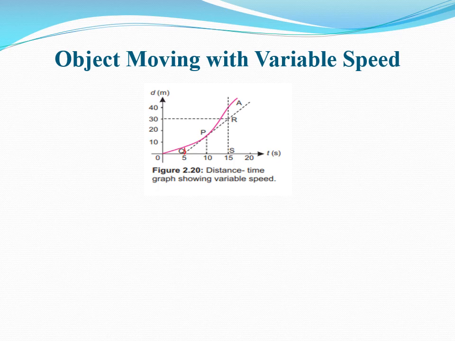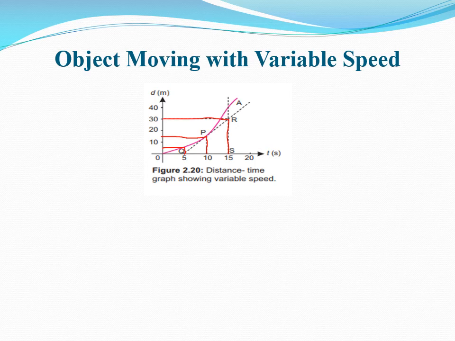For example, dear students, if you analyze the graph, you see that after 5 seconds, the body covers almost 5 meters, and in the next 5 seconds, after 10 seconds, the body covers almost 15 meters. So in the first 5 seconds, the body covers 5 meters, and in the next 5 seconds, it goes from 5 to 15, 10 meters. Similarly, in the next 5 seconds, after 15 seconds, the body covers 30 meters.